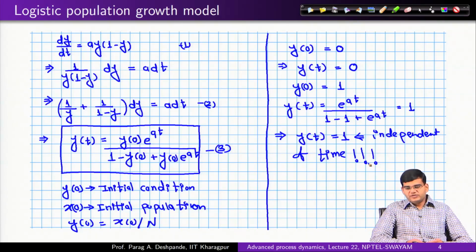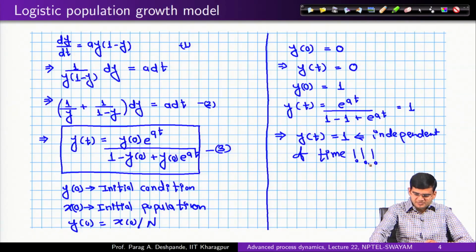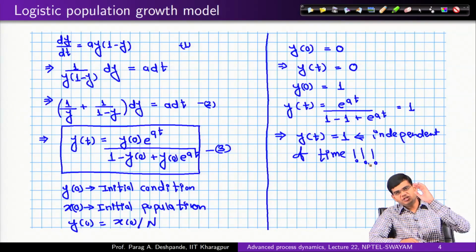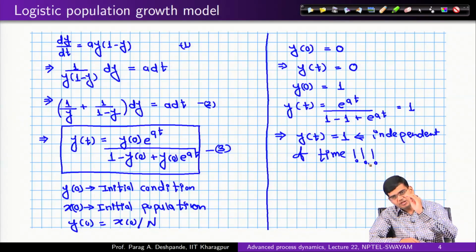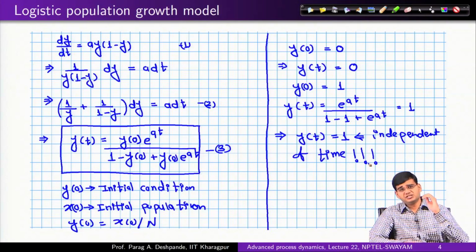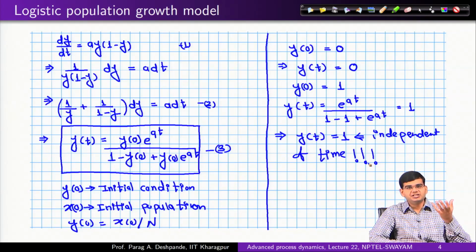So, what is the physical meaning of this particular observation? This observation means that if I have a population which has reached the normalized population 1, in other words, if the carrying capacity is n and the population has reached the carrying capacity of n, then there will not occur any change in the population of your system.